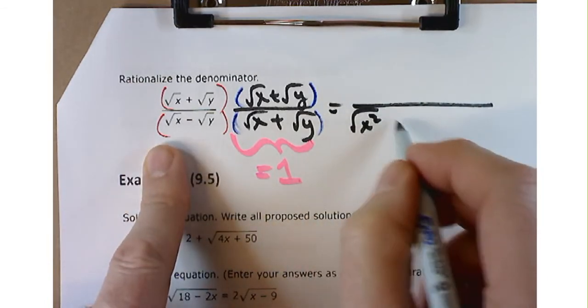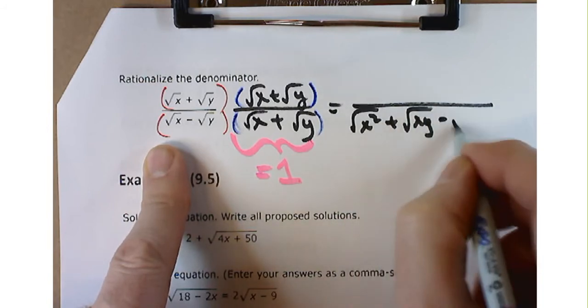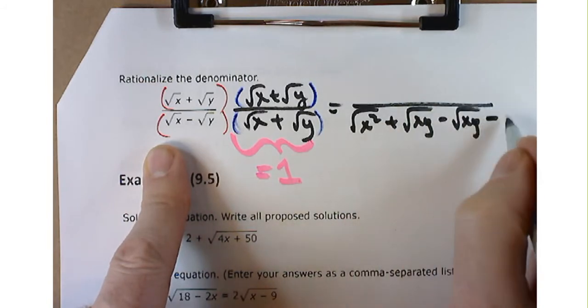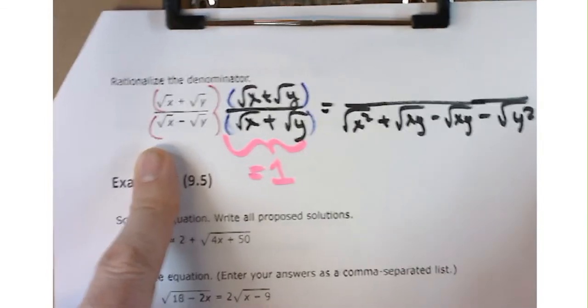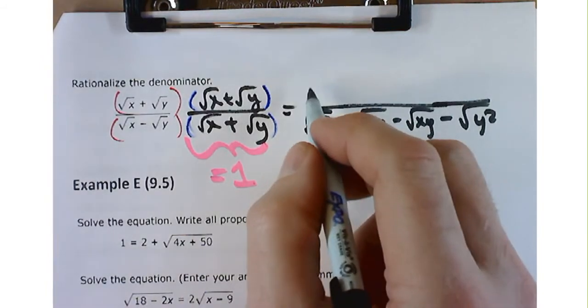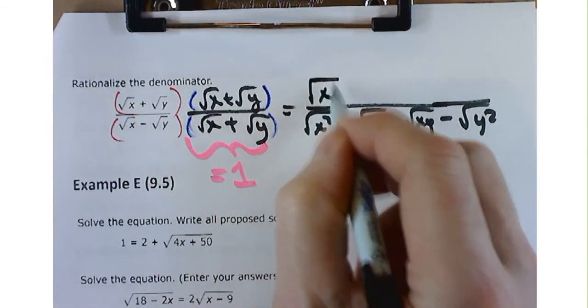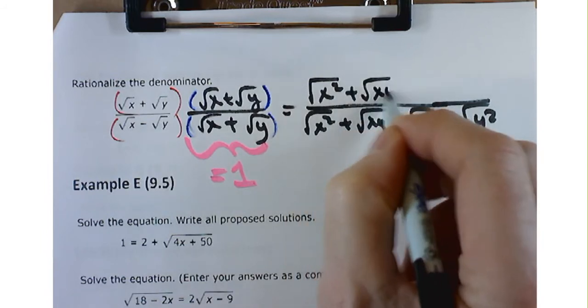But in this case, as long as we don't cancel, we are going to get something nice. Square root of x squared plus the square root of xy minus the square root of xy minus the square root of y squared. Same thing's going to happen in the numerator. It's just that in the numerator, the signs are going to be a little bit different.